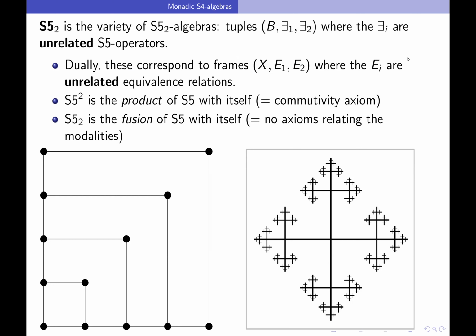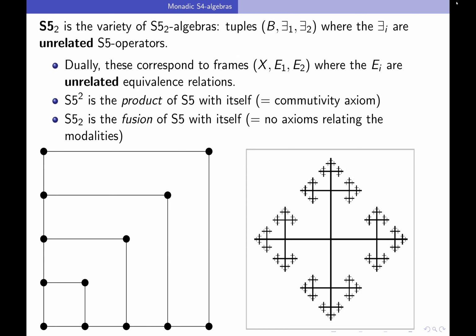In an S5(2) algebra, you have these two closure operators. So it's just like S5 squared. You have two S5 operators or two equivalence relations, except there is no commutativity axiom at all. We have here two completely unrelated S5 operators, and the dual spaces are relational spaces with two equivalence relations that have absolutely nothing to do with one another.